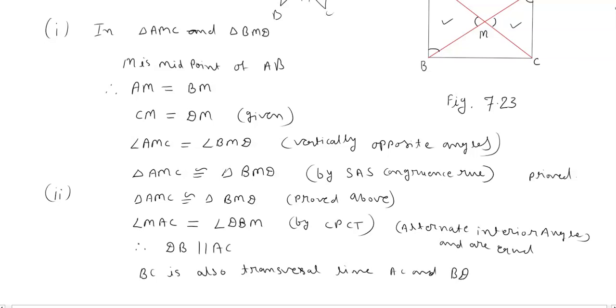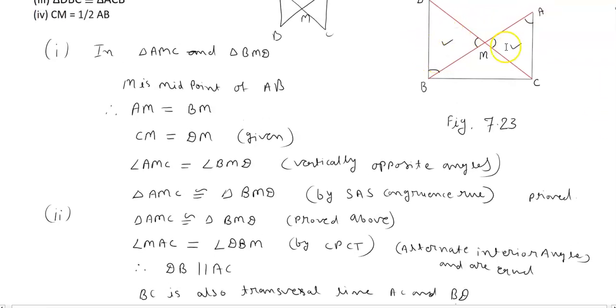So the angle DBC and angle ACB are the same-side angles of the transversal.